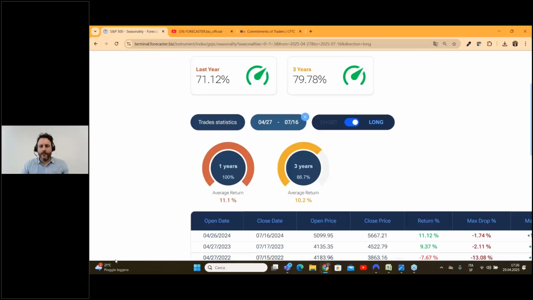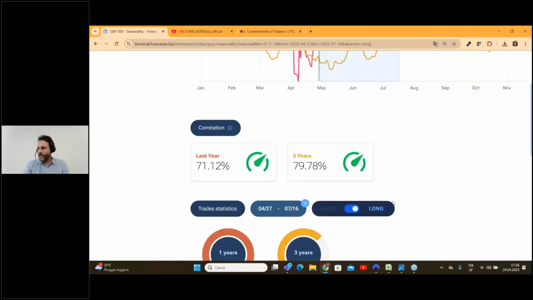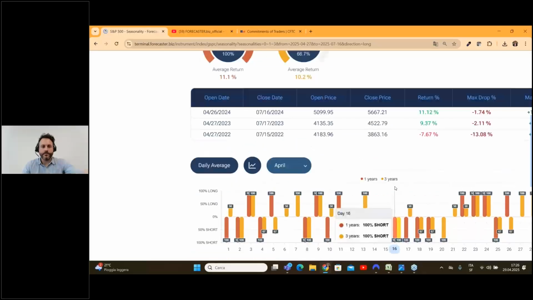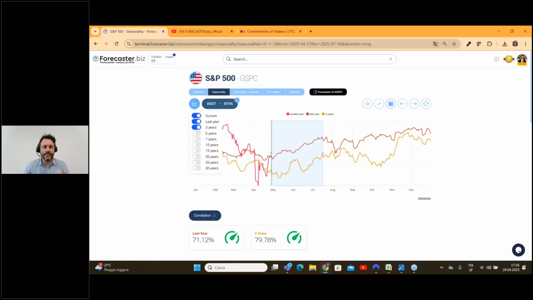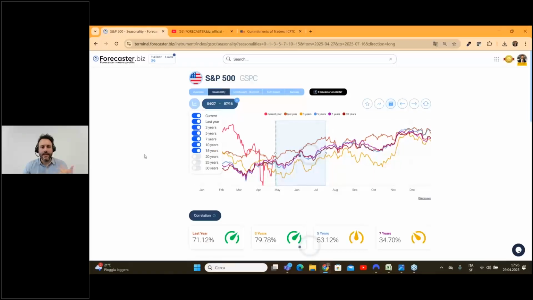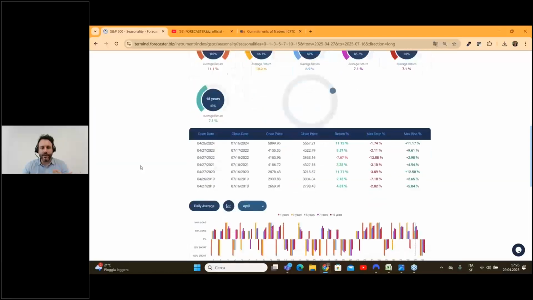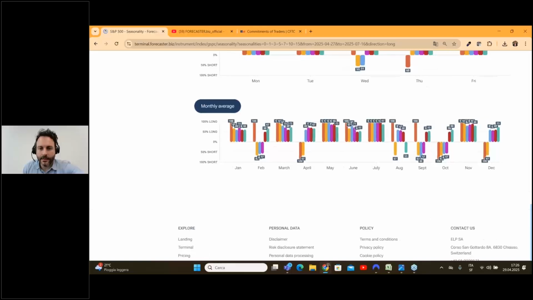Okay. And this is a very powerful tool because we know exactly, thanks to the seasonalities and the different seasonalities, if a specific period of time is bullish or bearish, okay?